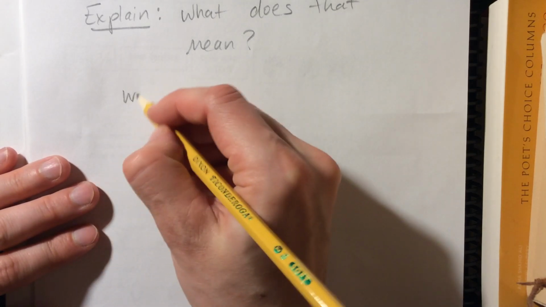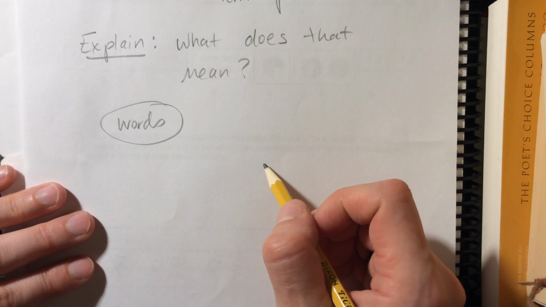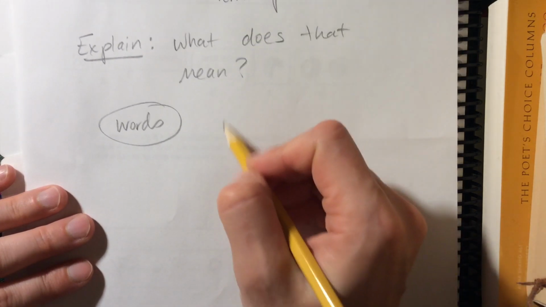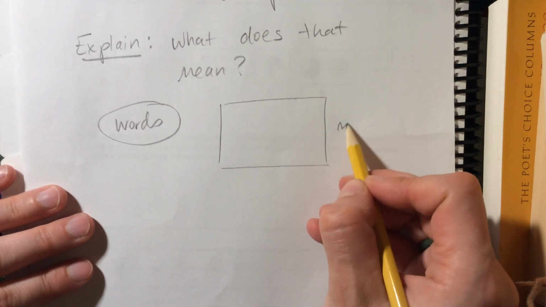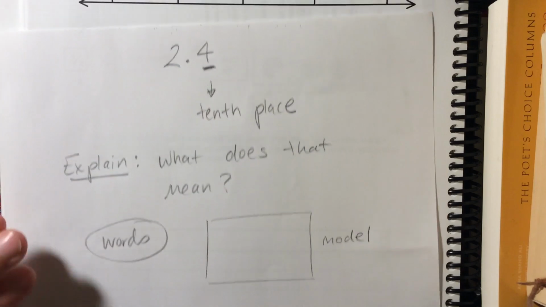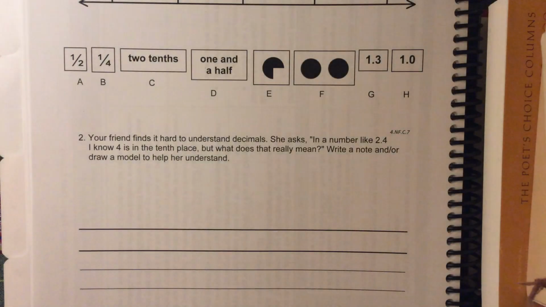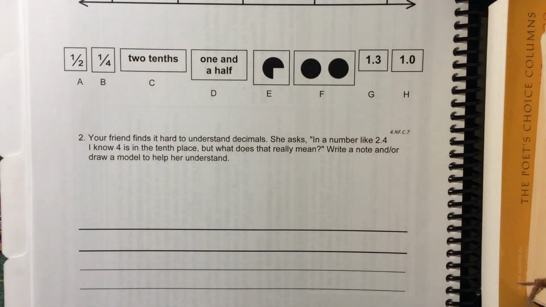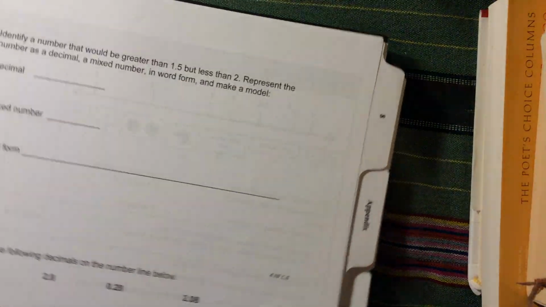You can explain it in words or with a model. Okay, a model. All right, if this is a tricky one and I'm not helping enough, do give me a call. You can also take a photo of this now and do it at home. Okay? And one more. Two more.